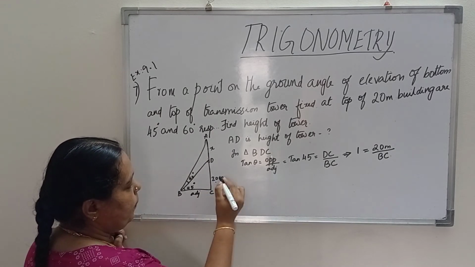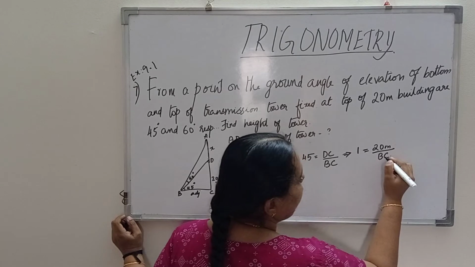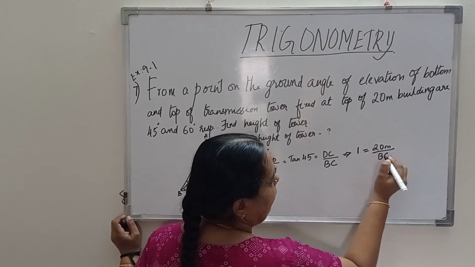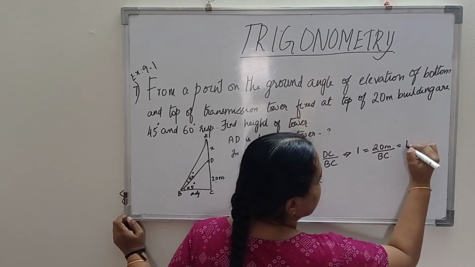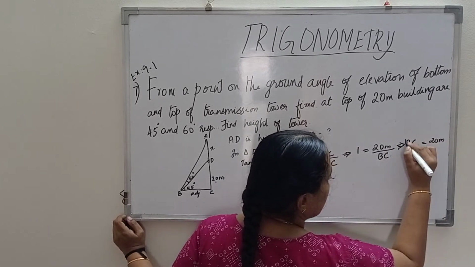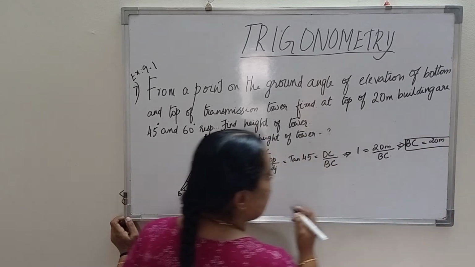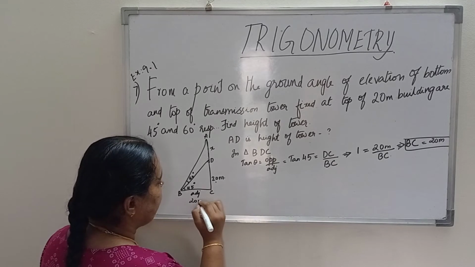Taking BC to the other side, we get BC into 1, that is BC. So BC is equal to 20 meters. The required side was BC, and we found BC as 20 meters.